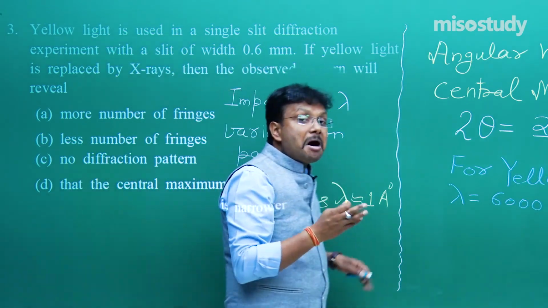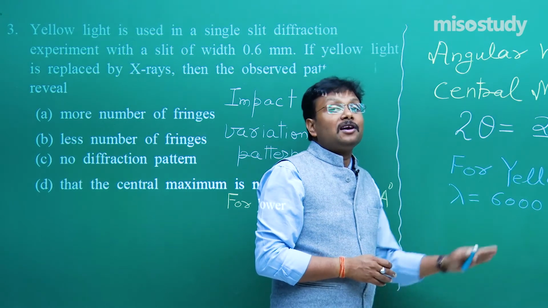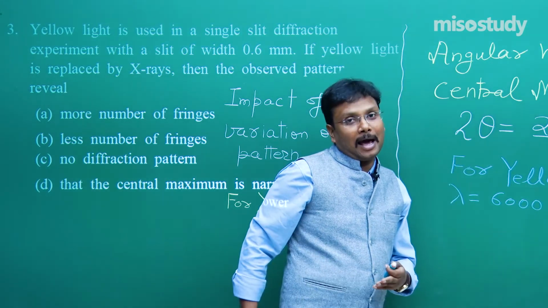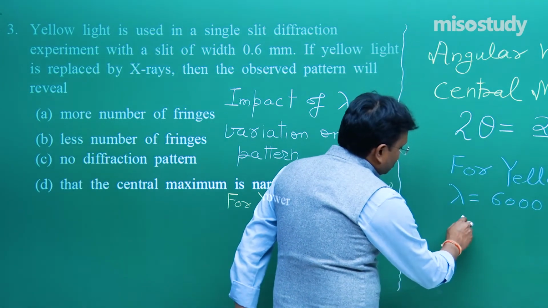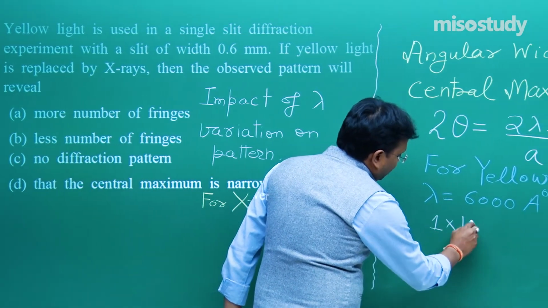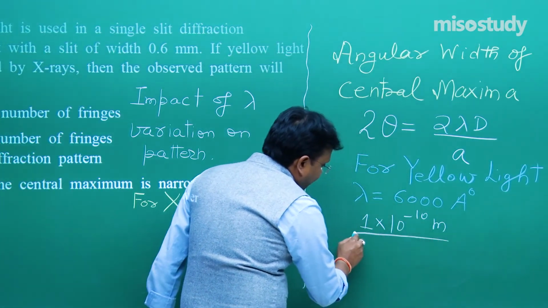Very, very minute, not difference but value. 6000 angstrom, 1 angstrom. Fine. So this is nothing but 1 into 10 to the power minus 10 meter.